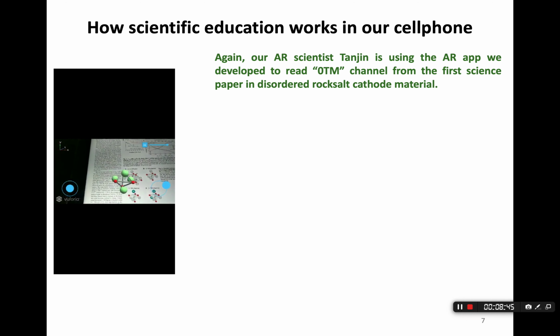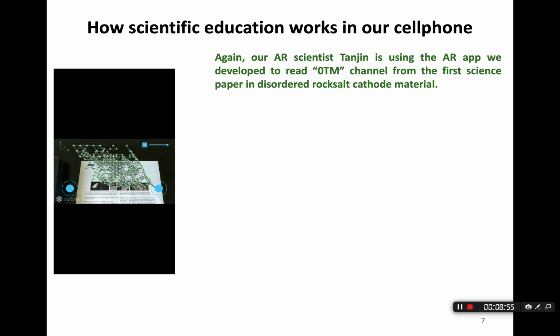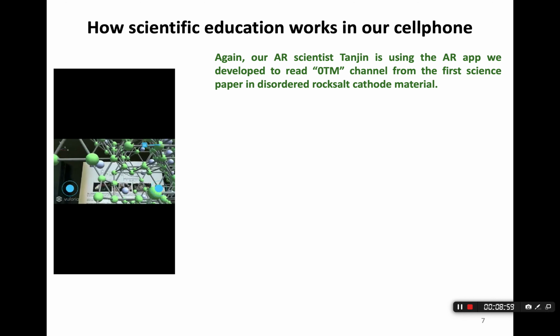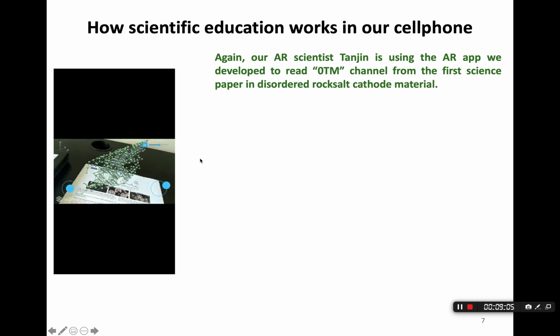In this kind of material, we have a local structure which is not so straightforward sometimes. So we decided to connect those images in the paper to some 3D atomic structures.